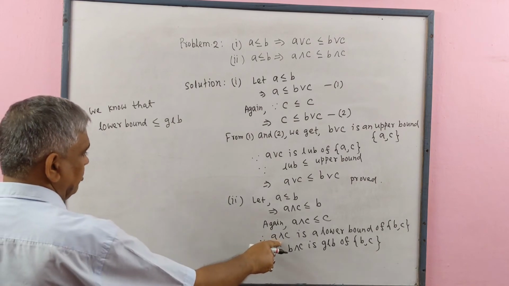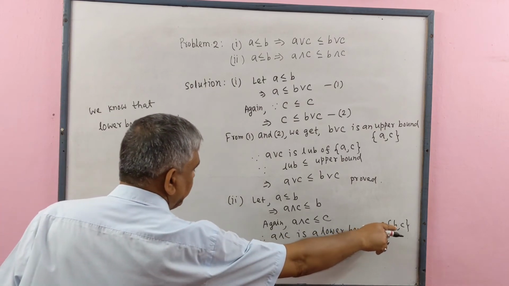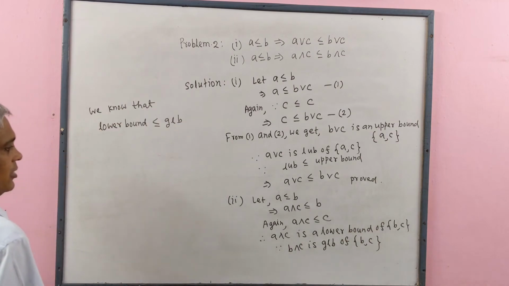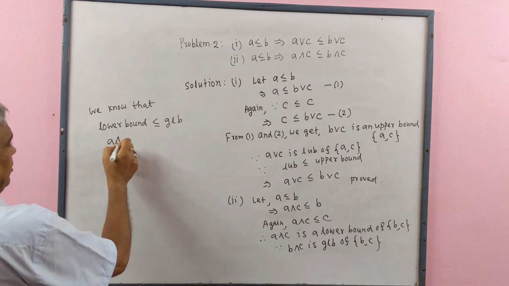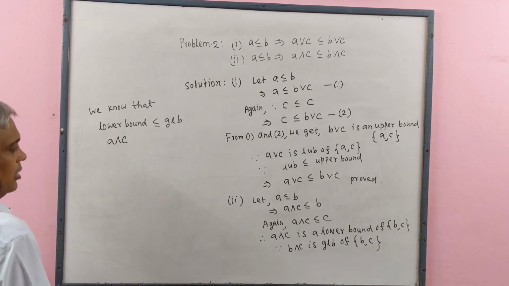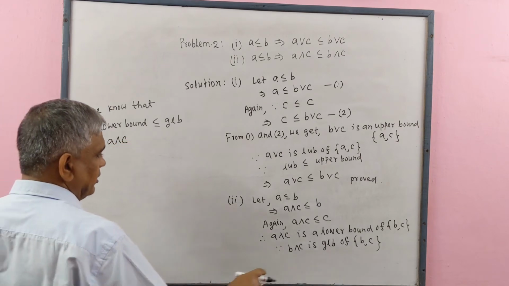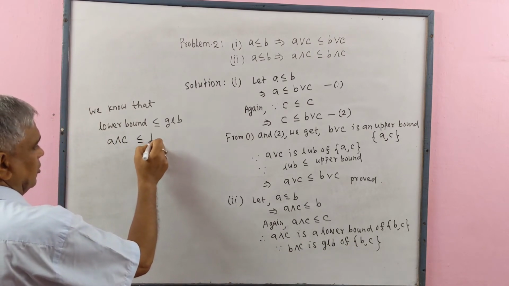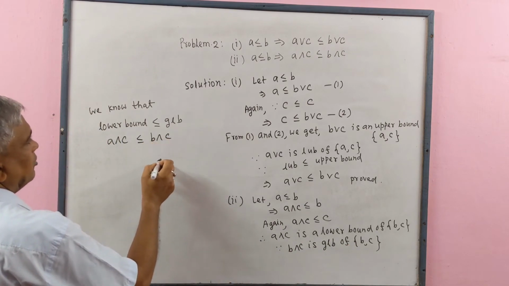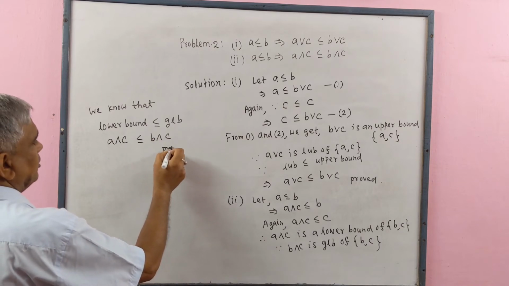Here A ∧ C is a lower bound of elements B and C, and the greatest lower bound of B and C is B ∧ C. So the second is proved.